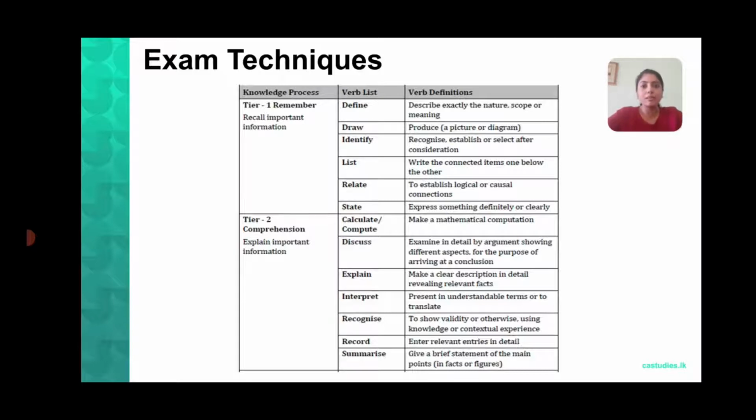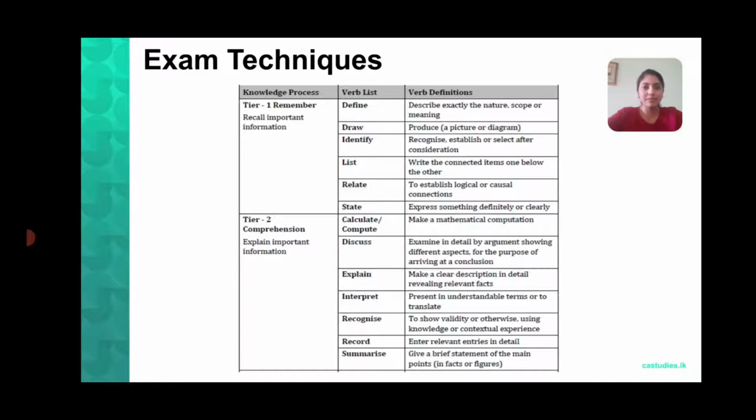Next we'll look at comprehension. So comprehension means you need to explain a bit more. You explain it only when they mention the words calculate, discuss, explain, interpret, recognize, record and summarize. So calculate means you need to do a mathematical calculation and then show your workings.